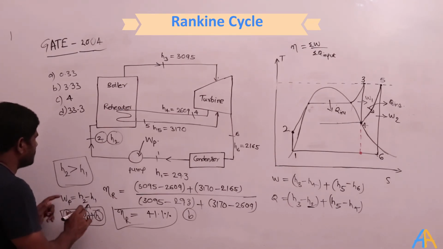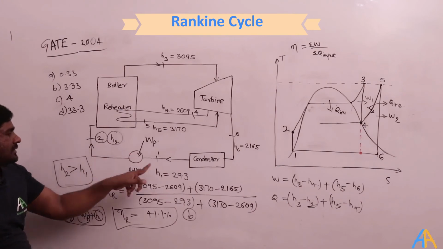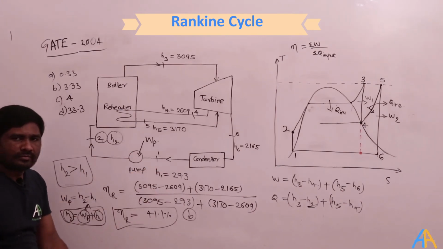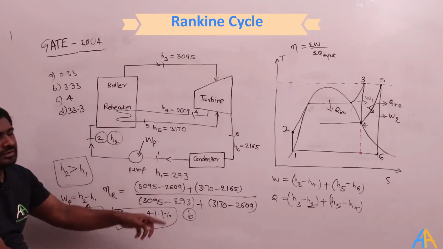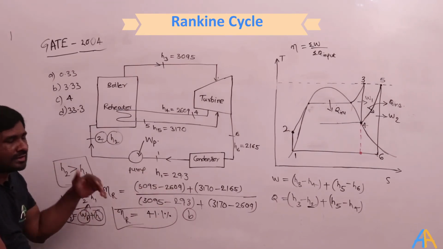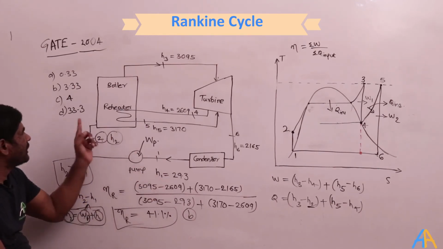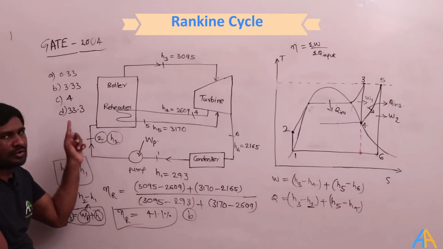Obviously H2, the exit value, is always greater than the inlet value. The inlet value is 29.3. So whatever option you choose, it should be greater than that. Only one value is greater than 29.3, that is 33.3.